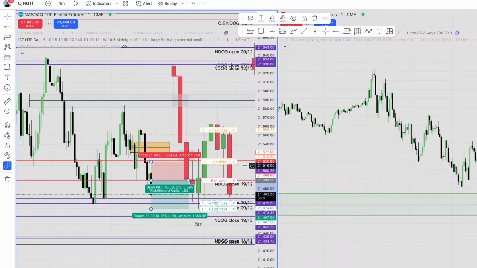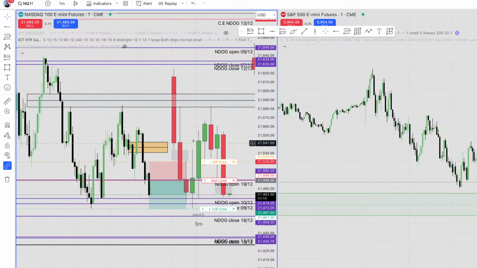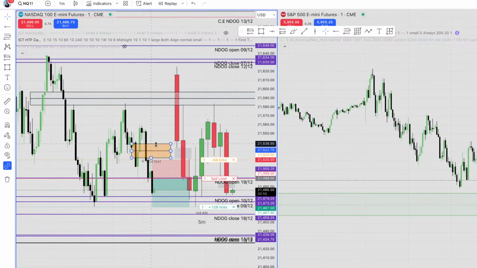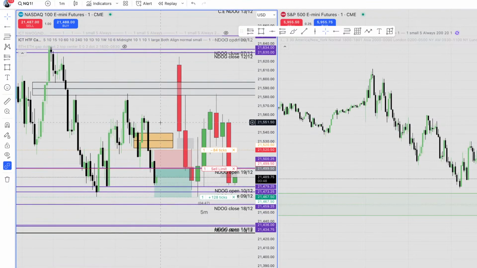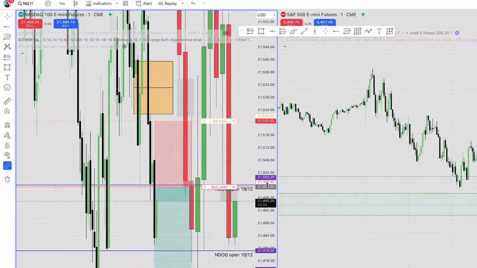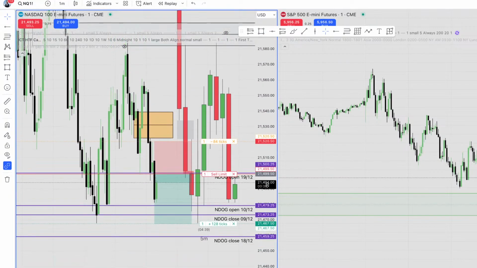Okay, I'm in here. Let me take this. I want this gap to stay empty. I want this to be a breakaway gap. And if that happens, okay, the order is exactly at the order block.